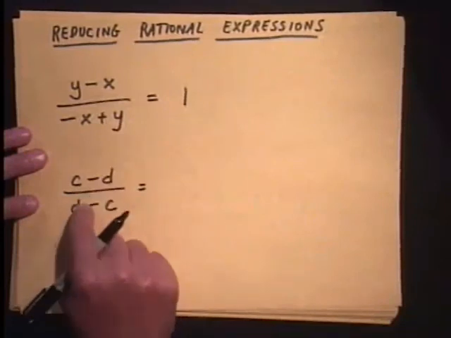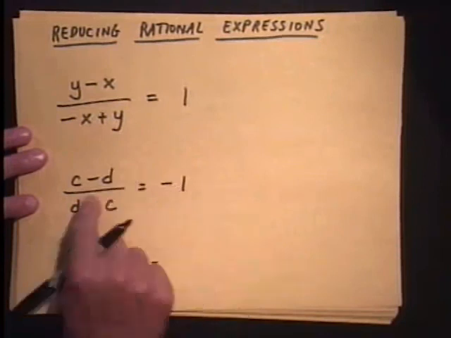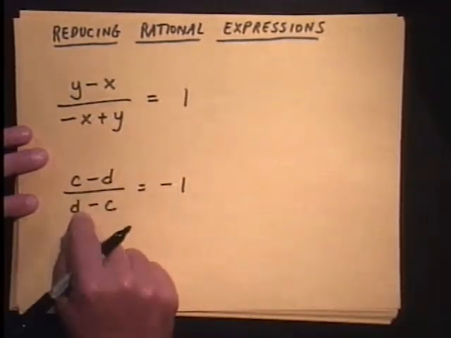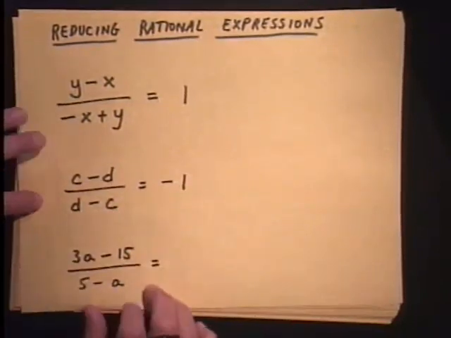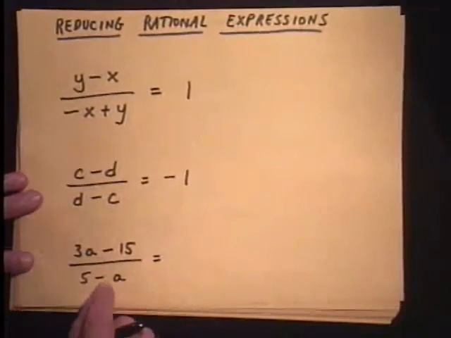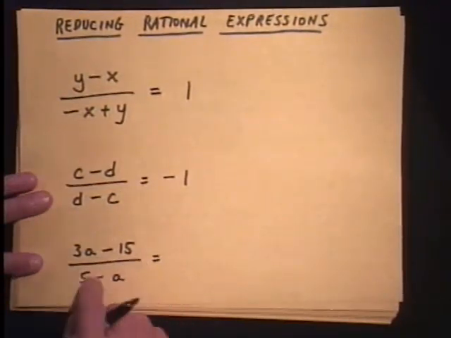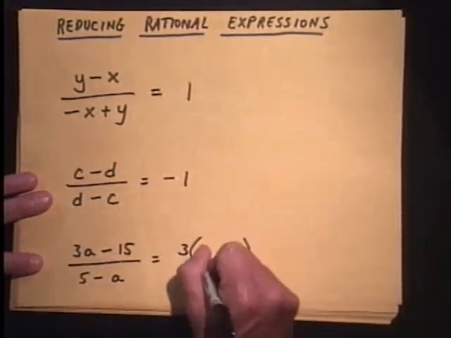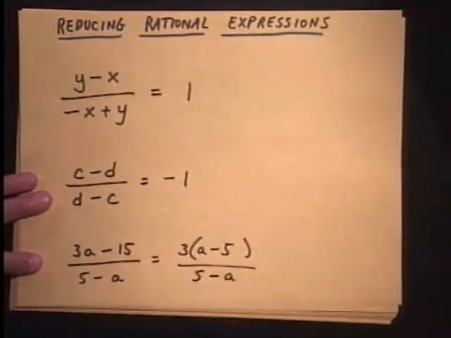C minus D over D minus C reduces to, they are opposites, -1. Now you remember why they're opposites? The sign on the C's are opposite, the sign on the D's are opposite. You can plug numbers in for C and D and it will check. All right, now where am I going with this again? Let's go down here. We can factor a what out of the top here, so we're reducing these rational expressions today. You can take a 3 out, and that leaves you with a minus 5 over 5 minus a.